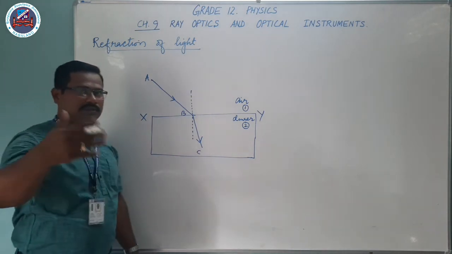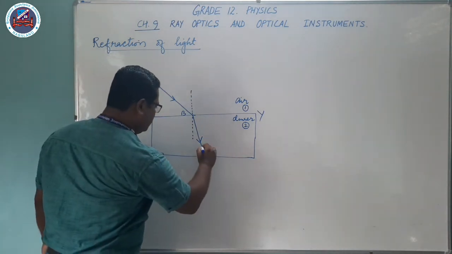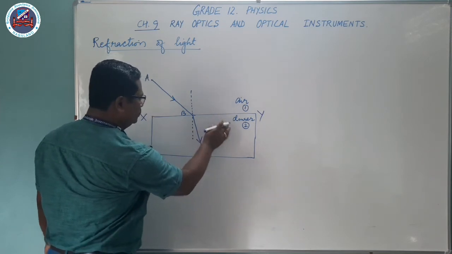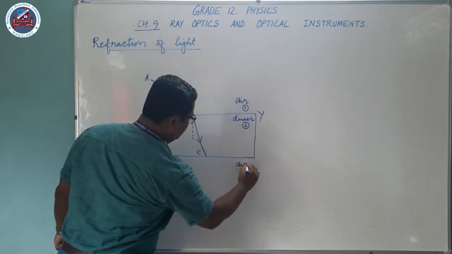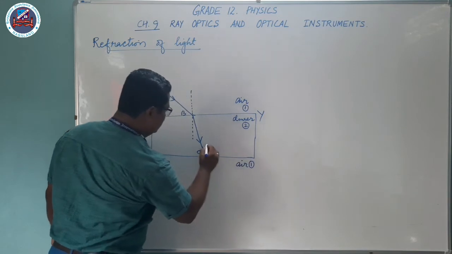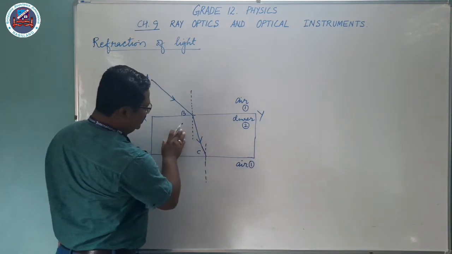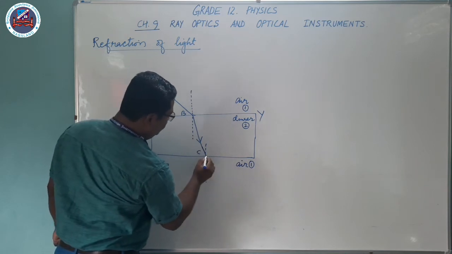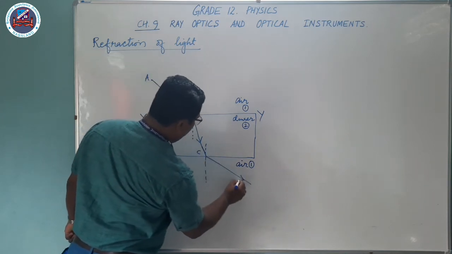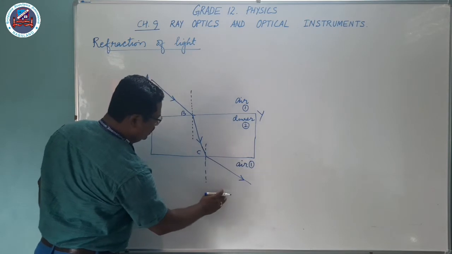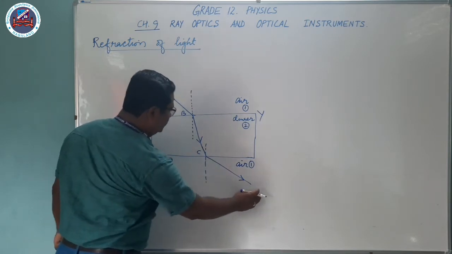And the reverse way, when light comes from glass to air, suppose air I am taking here, this is first medium, rarer. Suddenly when light comes from glass to air, then it will go away from the normal. It will not go straight, it will not come towards the normal, it will go away from the normal.